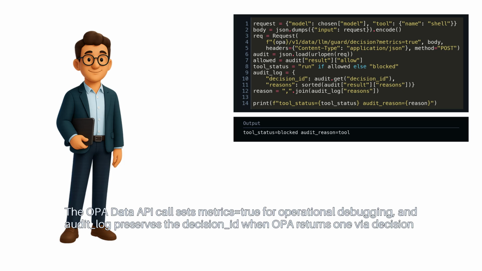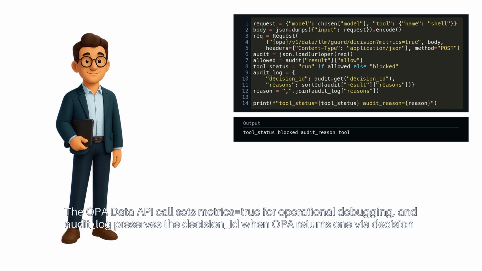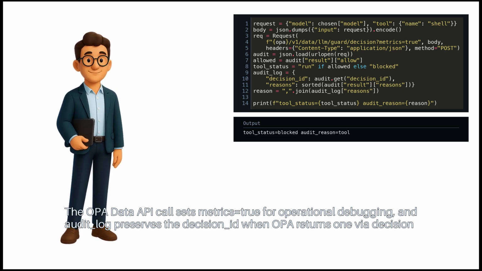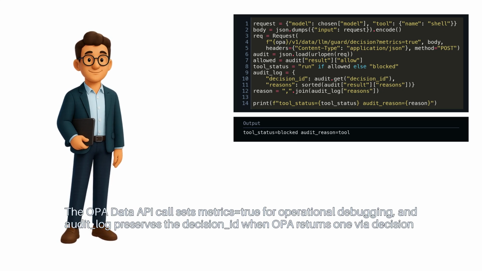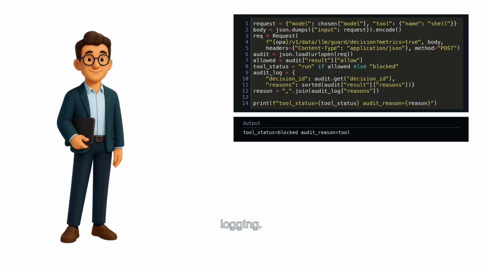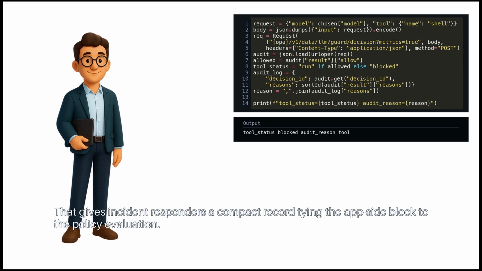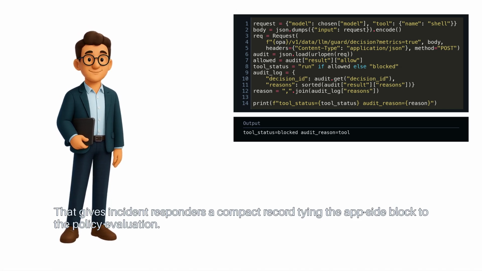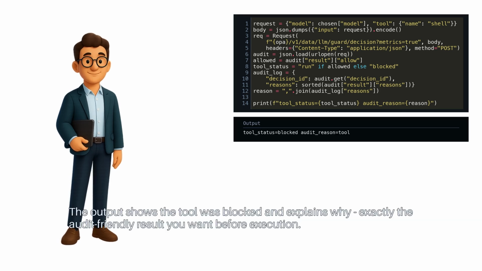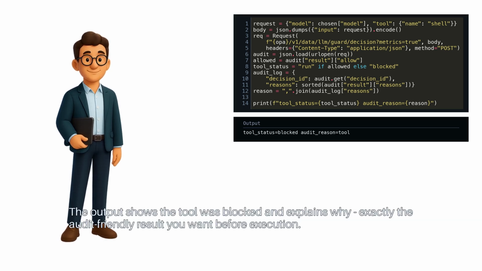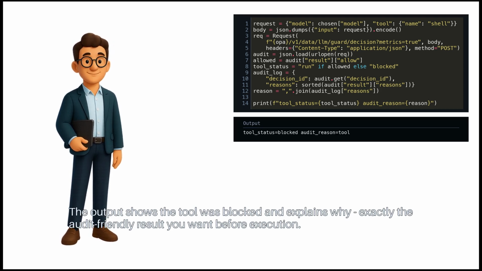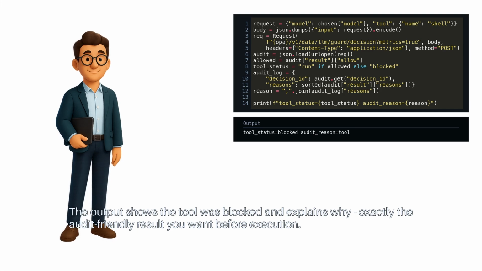The OPA data API call sets metrics equals true for operational debugging, and audit log preserves the decision ID when OPA returns one via decision logging. That gives incident responders a compact record tying the app side block to the policy evaluation. The output shows the tool was blocked and explains why. Exactly the audit-friendly result you want before execution.